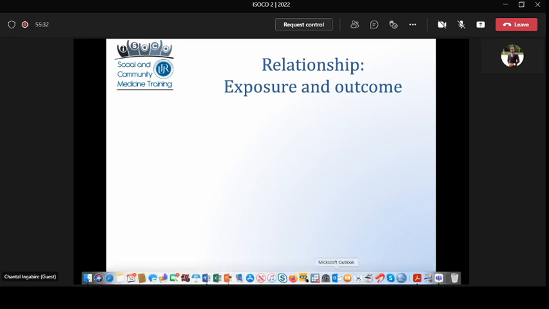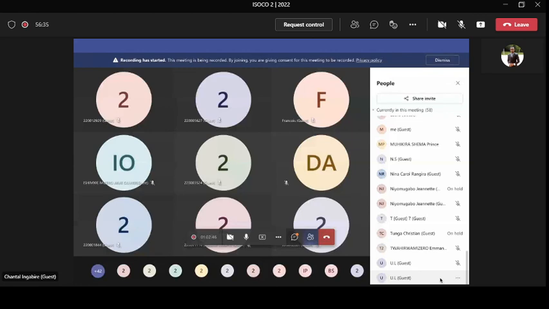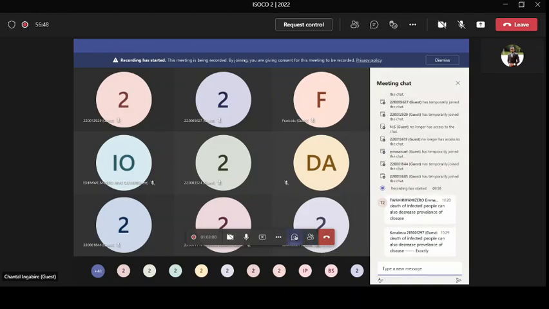Any other contribution? What do we understand by exposure and by outcome? Your colleague was just giving an example of being exposed to smoking and lung cancer. Do we have any other contribution?